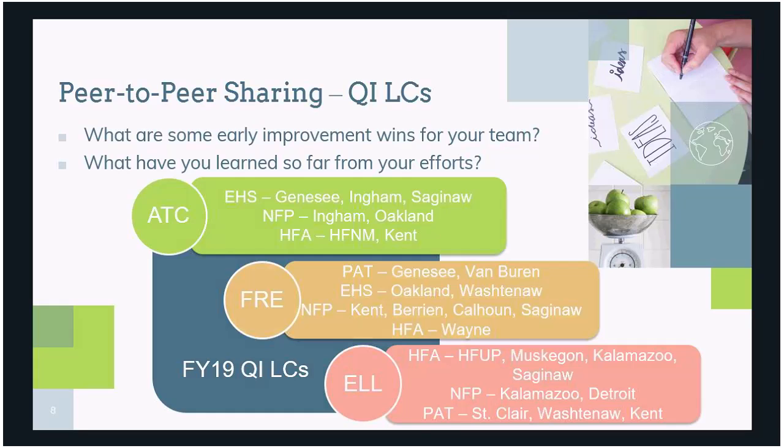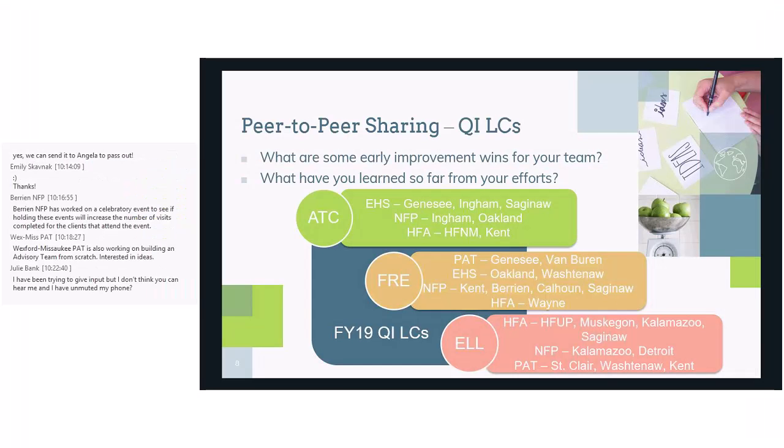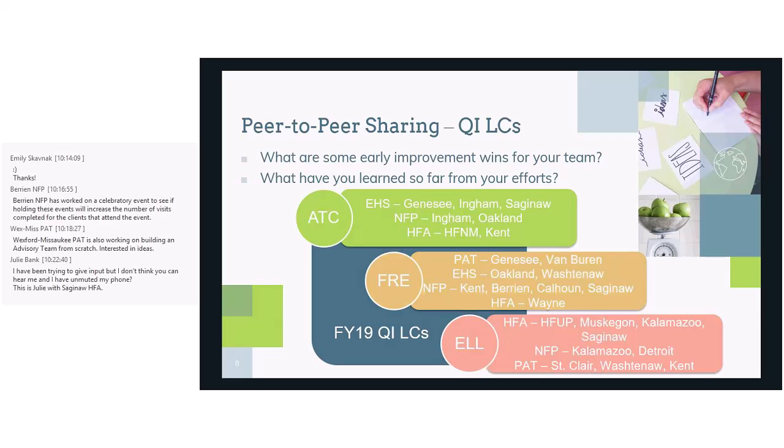So that has been a big goal for us in March. We've got some creative ideas to promote early language and literacy, including a trip to a library coming up in the next month or so. One thing that we were surprised about with our ASQ scores is that we have very few children who are scoring in the black and the gray. So that's been an unexpected challenge that we're dealing with in Muskegon.